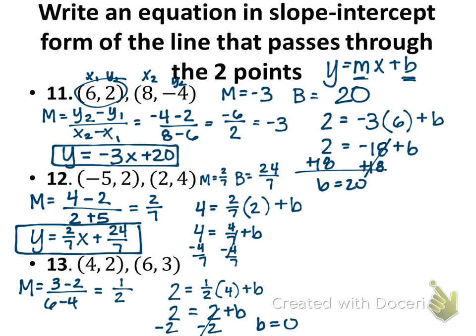Is 0 okay to get as a b? Yeah, because it's a place on a graph, right? Could I find 0 on the y-axis? Yeah, it's at the origin, so I'd place my point up 1 over 2. So, y equals 1/2 x plus 0. That's how you find slope-intercept form, without being given the slope and the b.